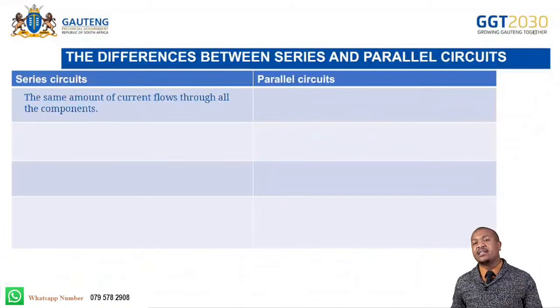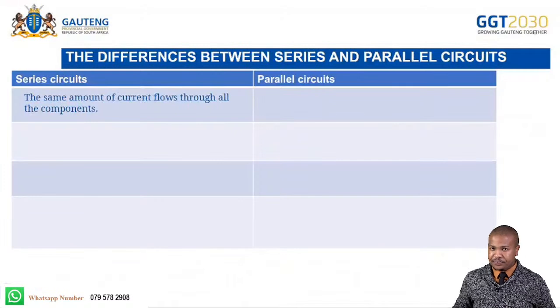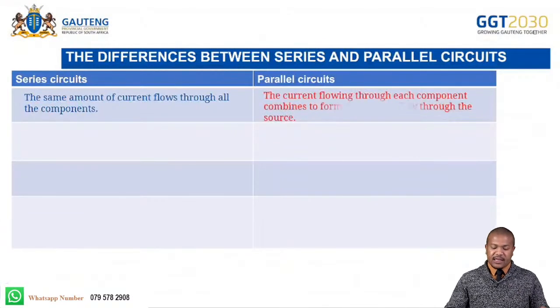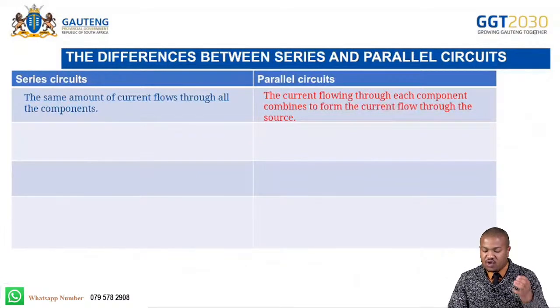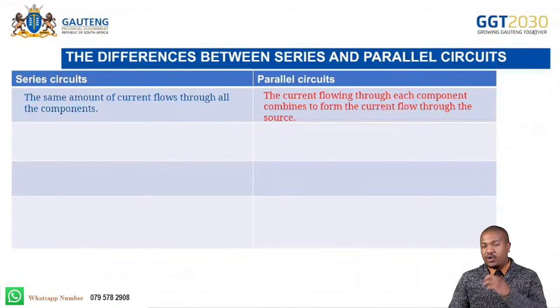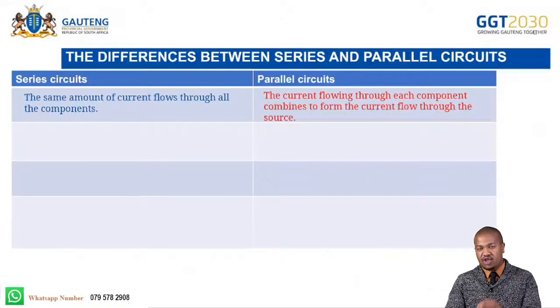That's what happens in a series circuit. Whereas in a parallel circuit now, the current flowing through each component combines to form the current flow through the source, which is our battery, right? The current flowing through each component combines to form the current flow through the source of current.